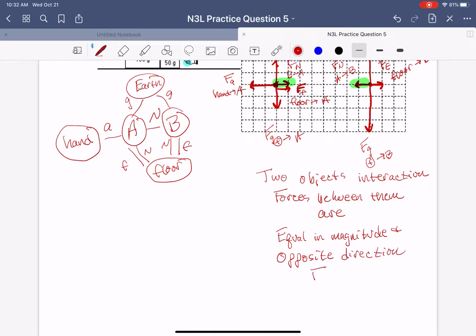These are called force pairs. And it's because of Newton's third law.